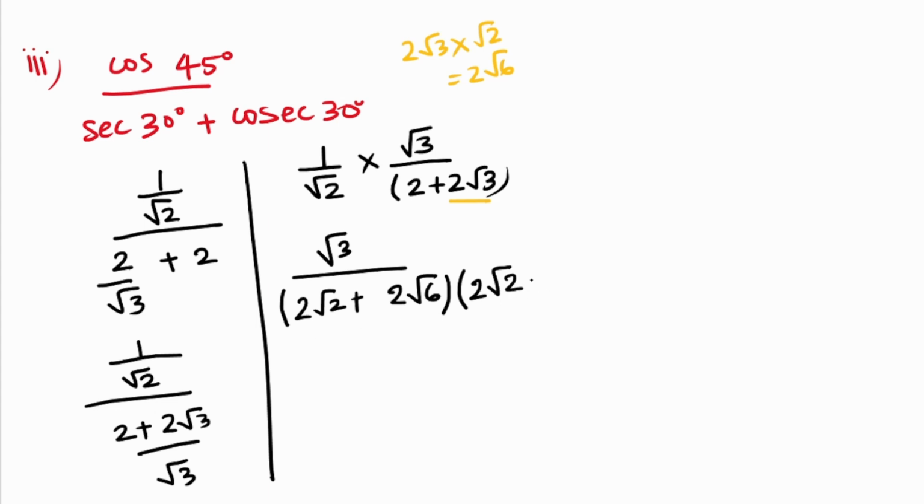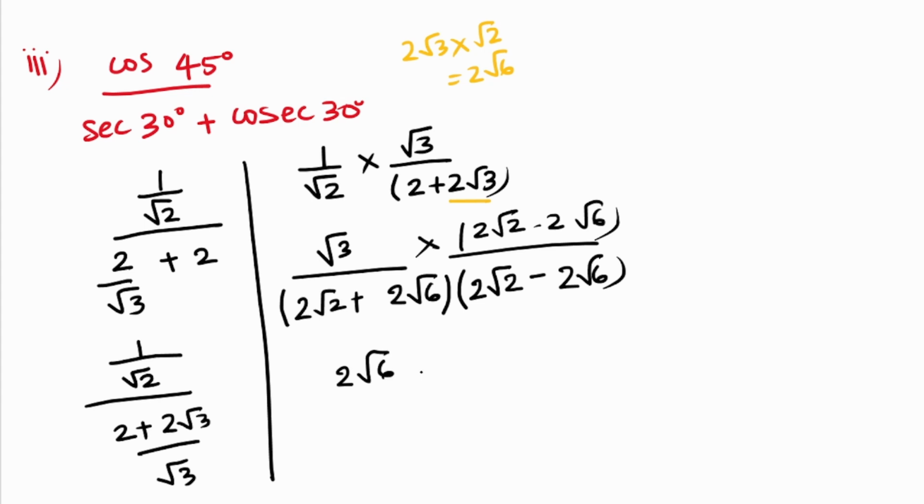We'll take negative over here, 2 root 6. Then the numerator also will be 2 root 2 minus 2 root 6. On multiplying, root 3 into 2 root 2, that is 2 root 6, minus 2 into root 3 into root 6, that is root 18.